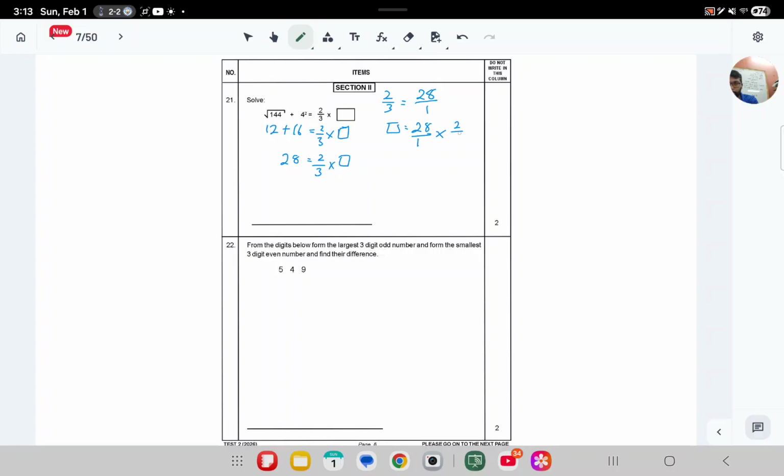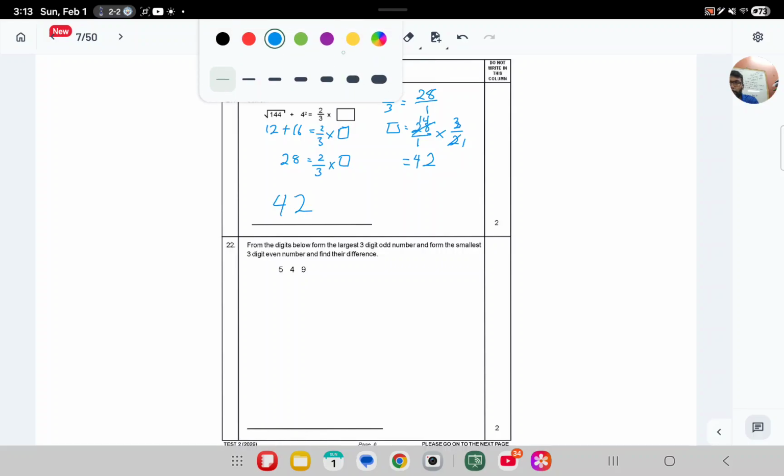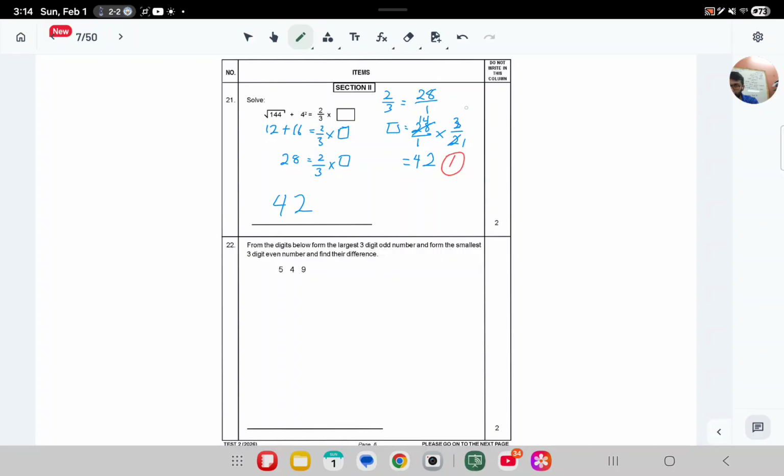So we invert 2/3, then we get 3/2. 2 can go into 2 one time, 2 can go into 28 14 times, 14 by 3 is 42. So the number is 42. Two marks, you get 1 mark for getting 42 and 1 mark for solving for the 28.